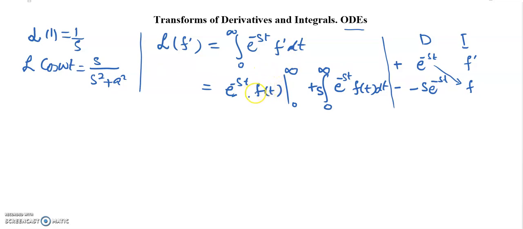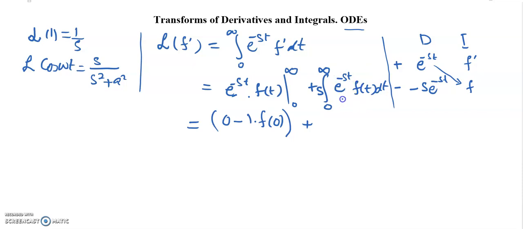Therefore this term will be 0, and any term which is not very high times 0 will be 0. Then for the lower limit, e to the power minus 0 is 1, times the function evaluated at t equal to 0, so this essentially becomes minus f of 0.